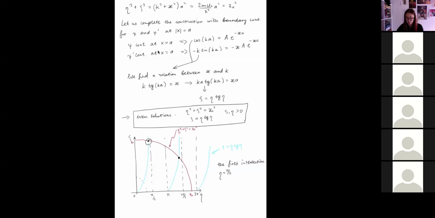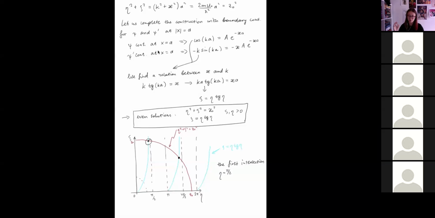But for large z0s, so the bigger the potential is, this intersection would happen around eta equals pi over 2. And again, imagine that this circle grows bigger and bigger.